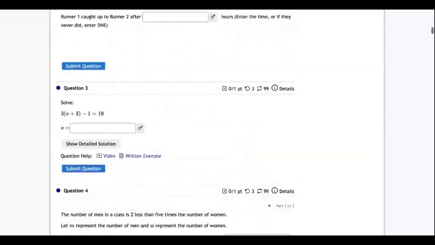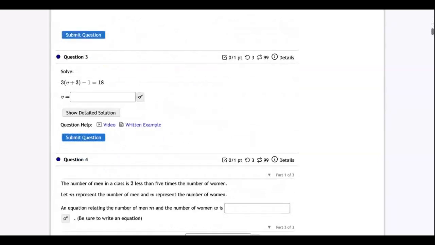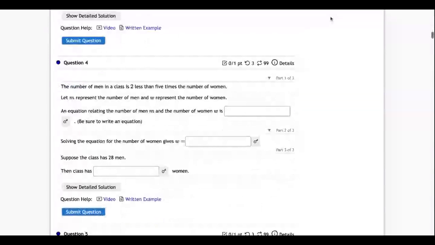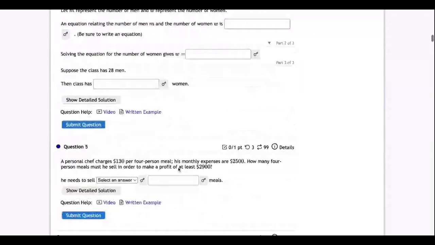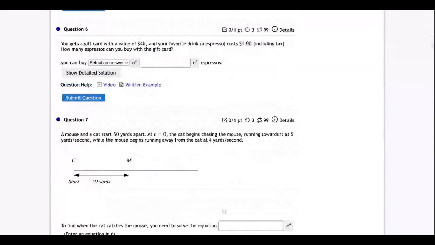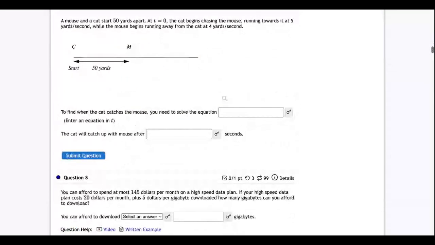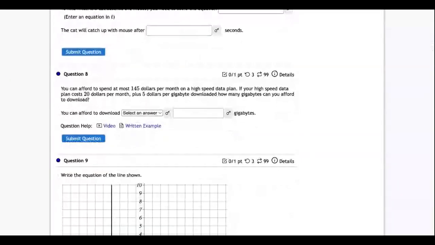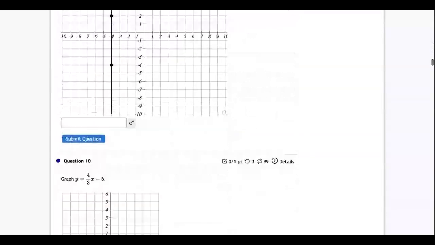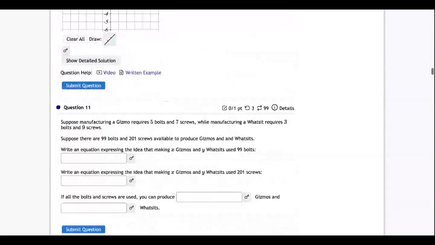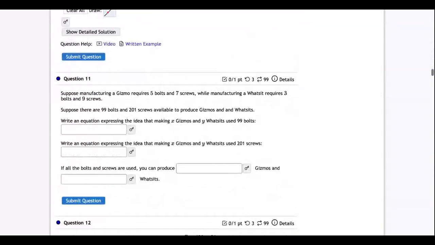Okay, I'll make it mandatory. That's why you don't have any questions. Okay, let's see. Basically, you can see it's the inequalities, linear equations, and the system of equations.